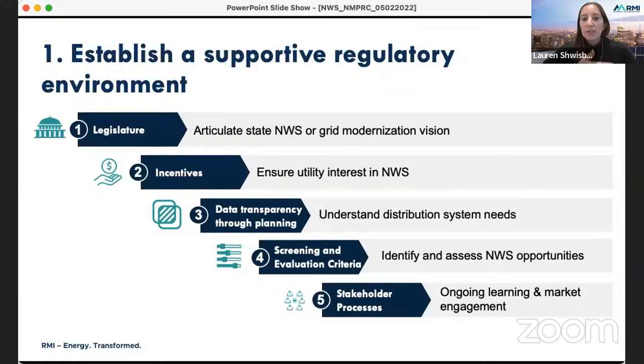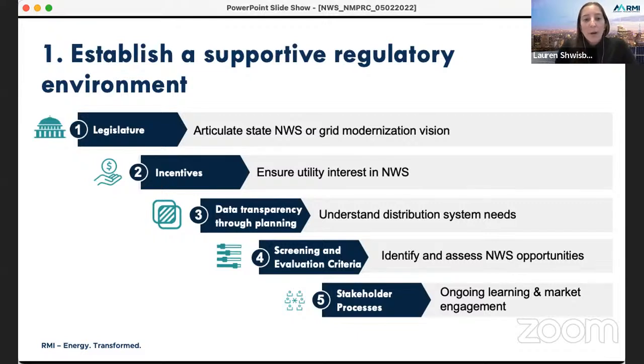So ideally, and most commonly, we've seen non-wires be a key output or component of a distribution system plan, but it's often helpful to carefully consider the types of data that solutions providers, for example, a demand response aggregator, might need to be able to successfully bid on a project. And defining the rules that support that level of data transparency that might be needed, not only to identify the opportunities, but to enable the solutions to be easily identified and built on with industry are really critical.